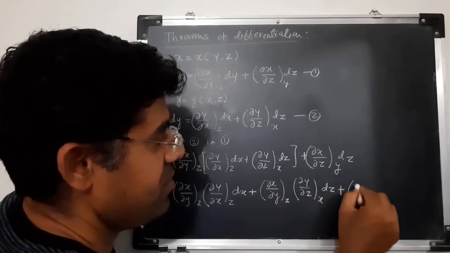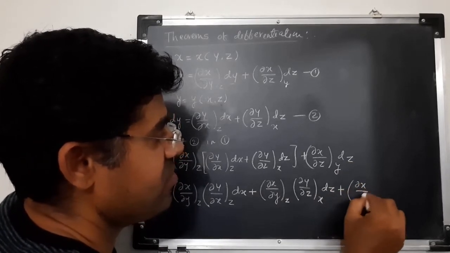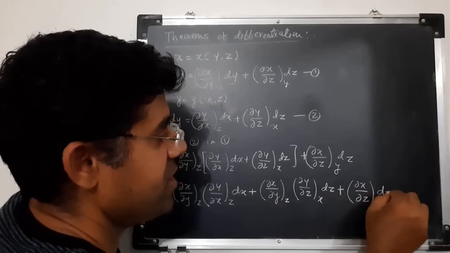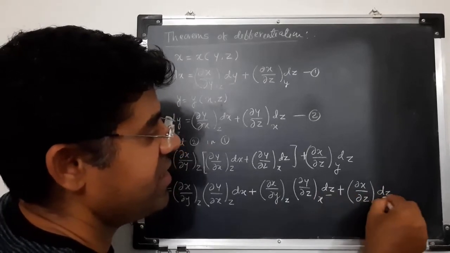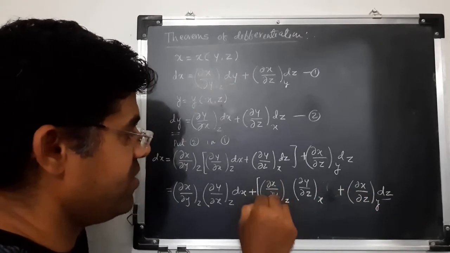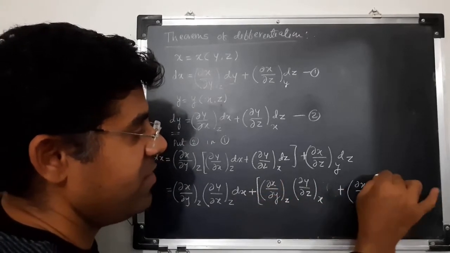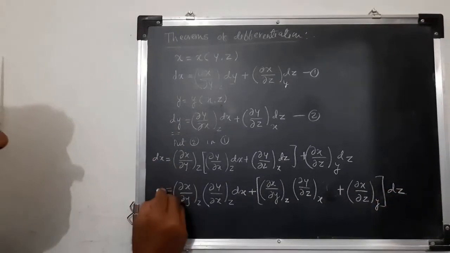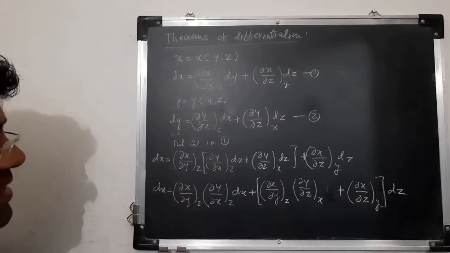plus this term delta x by delta z into y into dz. So here dz is there, so I can take it common. Instead of that, I will write this value directly as a dz. On the left hand side we have dx.